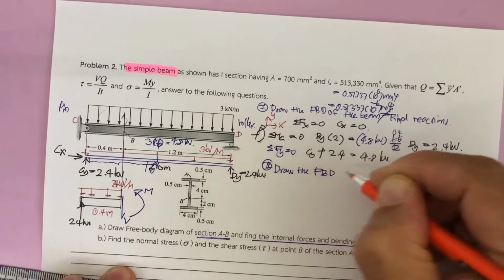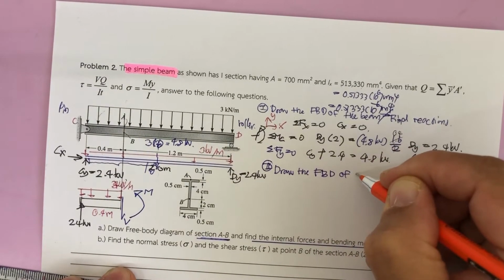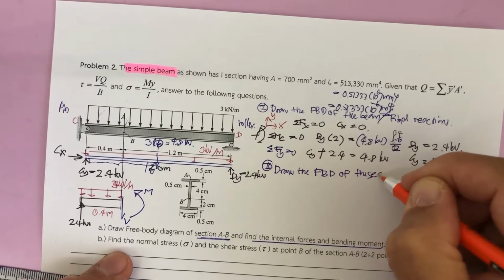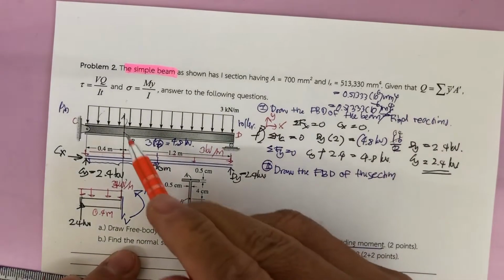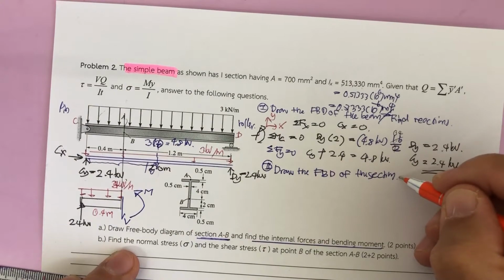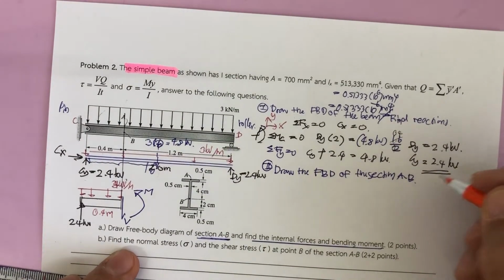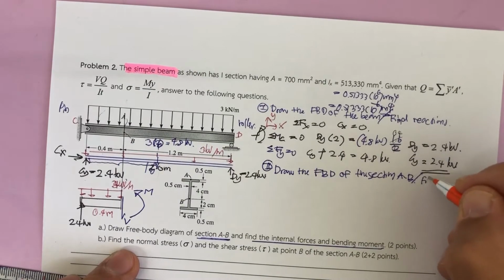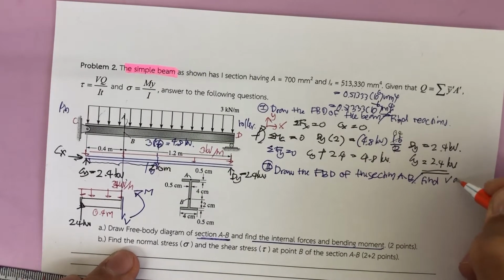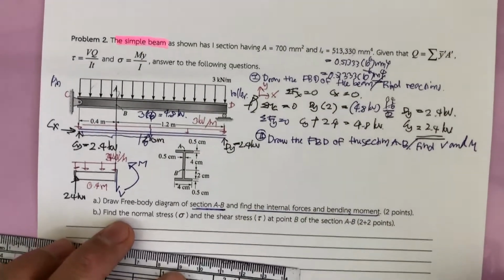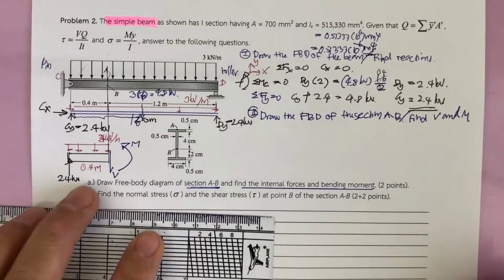Next, the free body diagram of the section, here is A to B, with V and M. Next we can find the shear and find the moment.